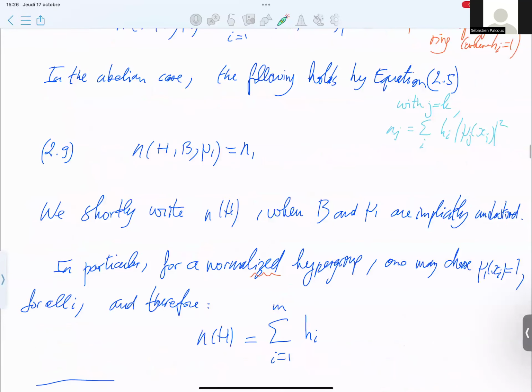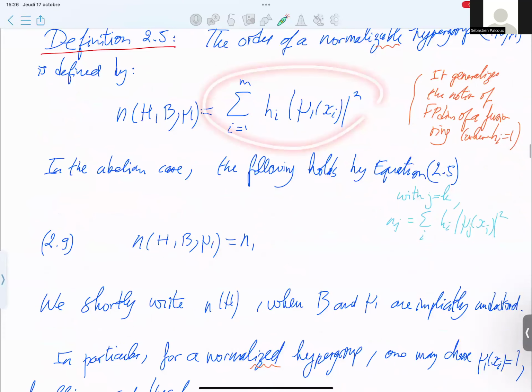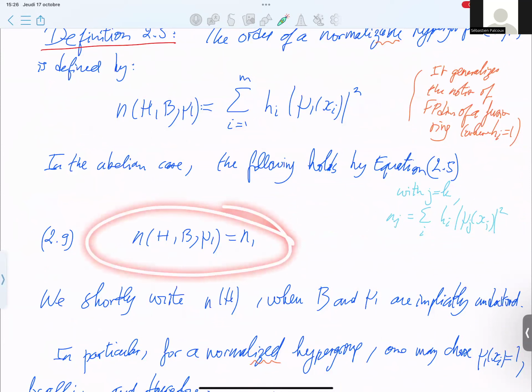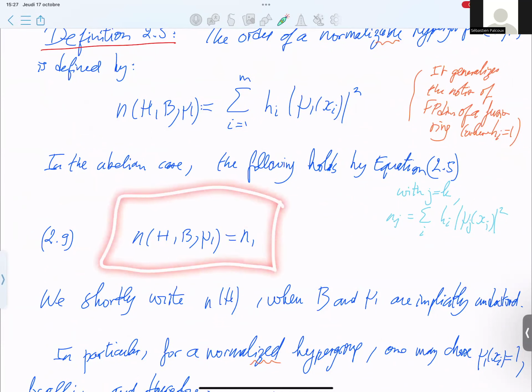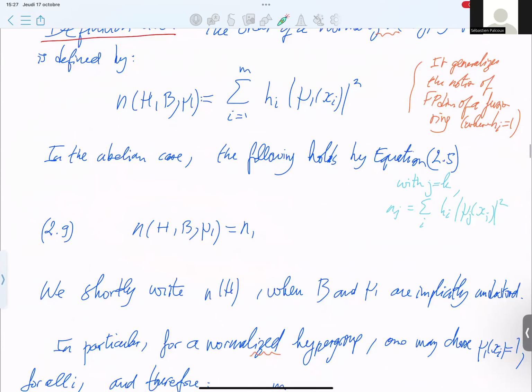Okay. So you apply the orthogonality relation, but with i equal to j. And so you get exactly that the first formal codegree is the order of the normalizable hypergroup.